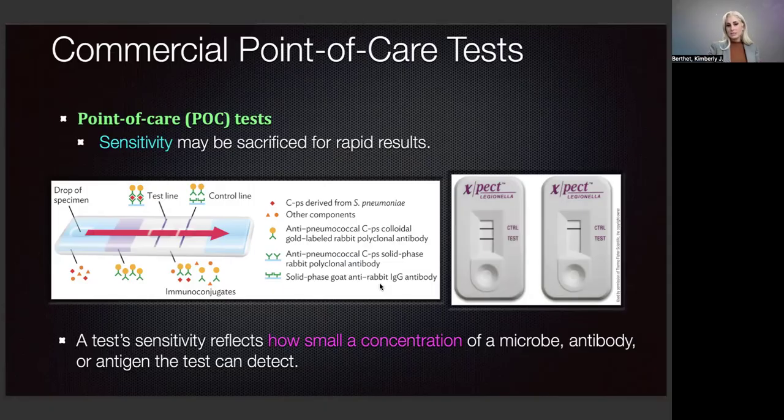So if an animal, let's say the goat, is making these anti-rabbit antibodies, we've actually injected the antibodies of the rabbit into the goat and had them generate antibodies for us. So this is the most common way that these tests are made, is by these polyclonal antibodies made in animals themselves.